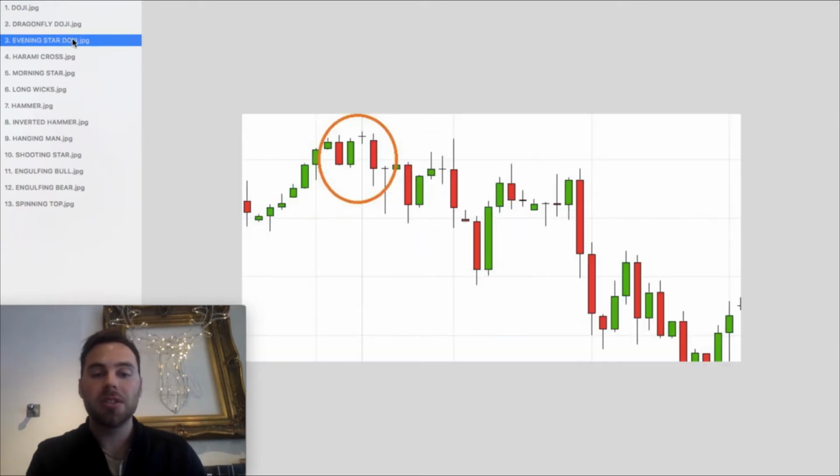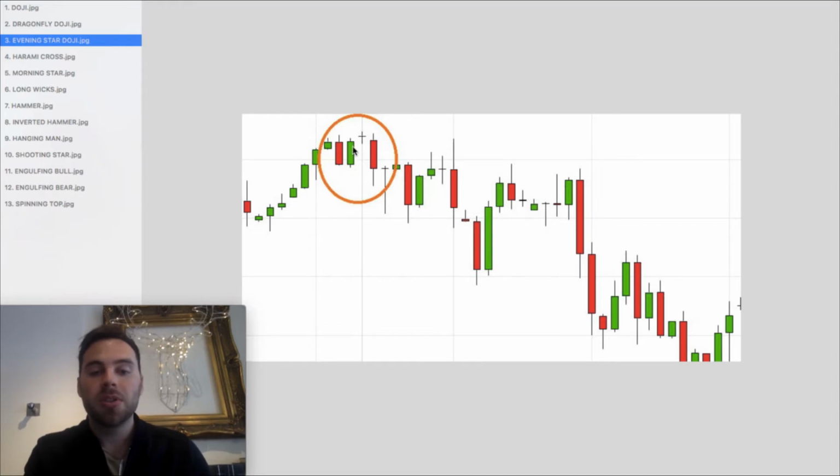Now, much the same, but the opposite of this, is an evening star doji. An evening star doji is here. Once again, very thin body, wicks showing a bullish and bearish tug of war, but this comes at, again, a reversal pattern, but this time bearish.